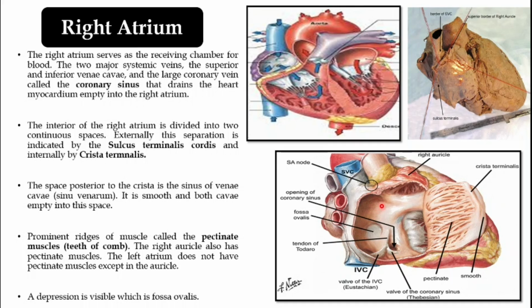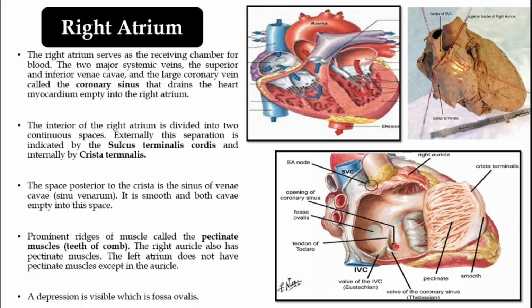So in the right atrium, what we have discussed so far, anteriorly we have two different surfaces. This surface is known as the pectinate muscles, and this is known as the crista terminalis. Externally that is known as the sulcus terminalis, and posteriorly we have the fossa ovalis.